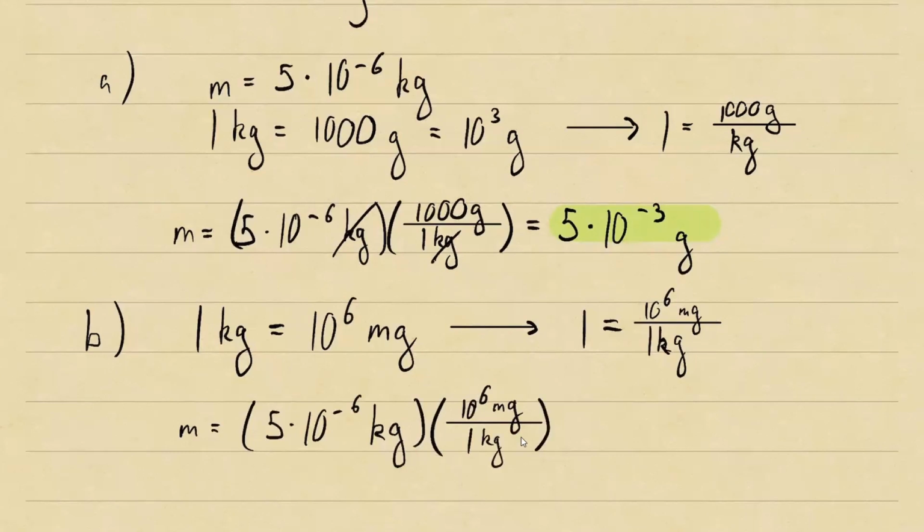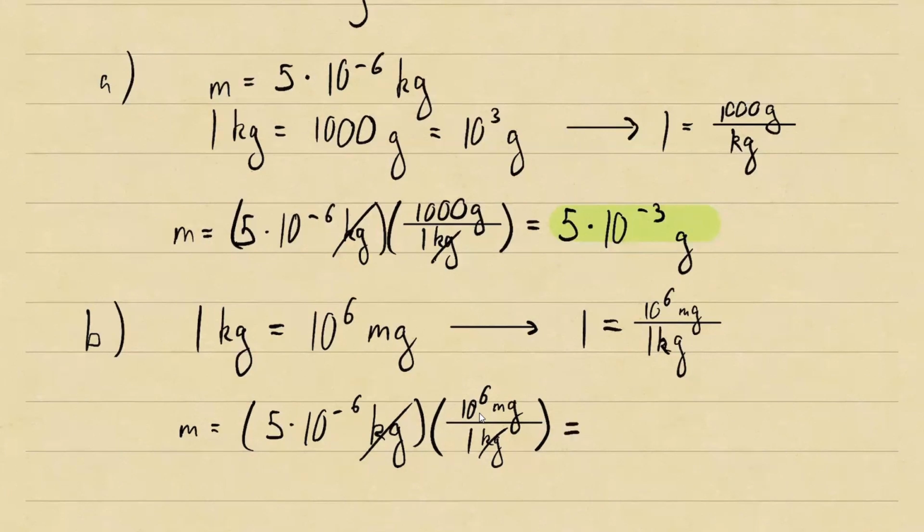So the kilograms cancel out, just like before. And so we're left with an answer in milligrams, which is good. So we have 5 times 10 to the negative 6. So this is effectively 5 divided by 10 to the 6.